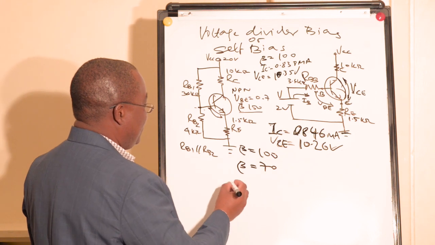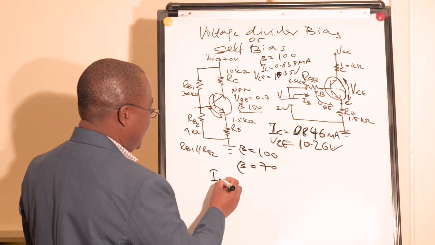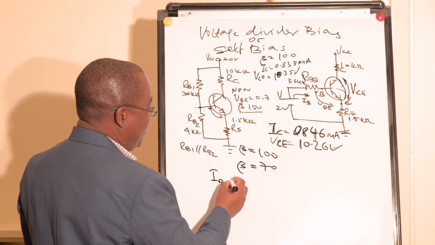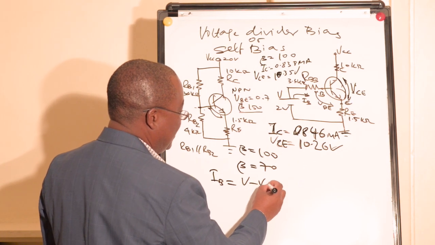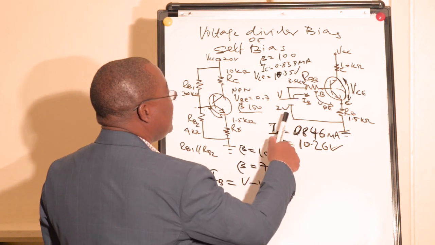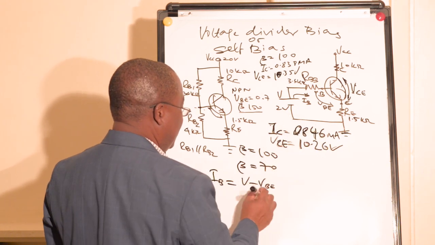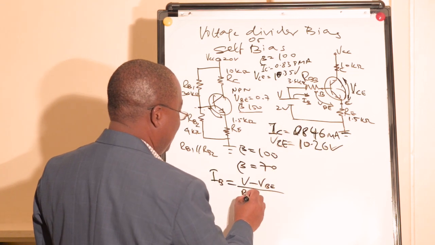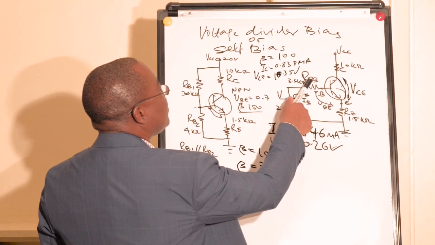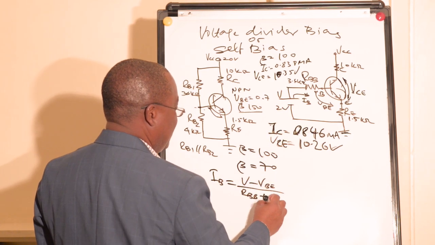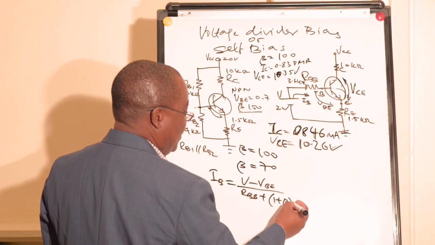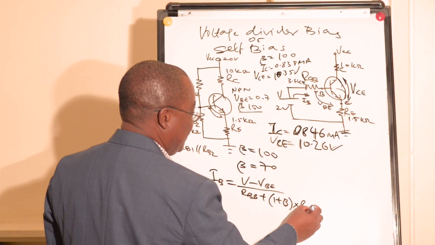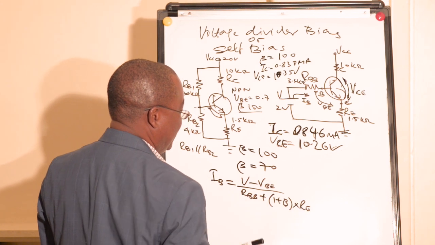But the change will be on IB and IC. So our IB, because the formula of IB is V minus VBE over RBB plus 1 plus beta times RE. There is a beta component here, so here the change comes.